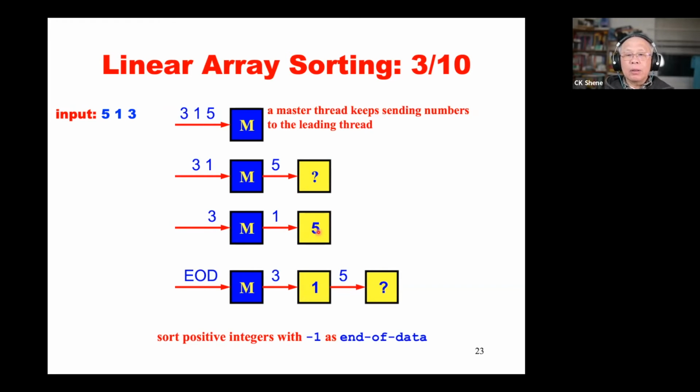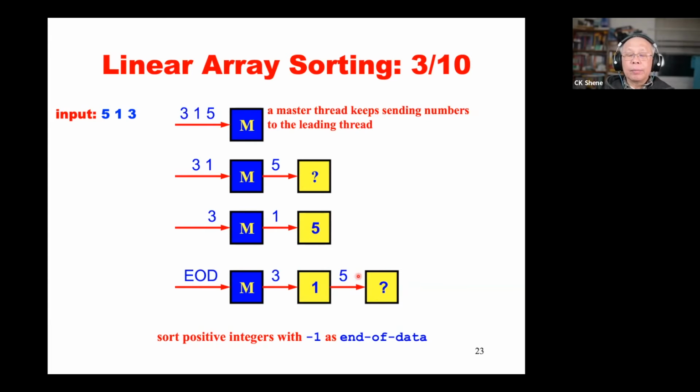Therefore, the first sorting thread will send 5 out. Meanwhile, the master thread receives 3 and sends 3 out. Now, for the first sorting thread, it determines that 1 is smaller, so 5 must go out. So the first sorting thread builds a new thread as its successor.